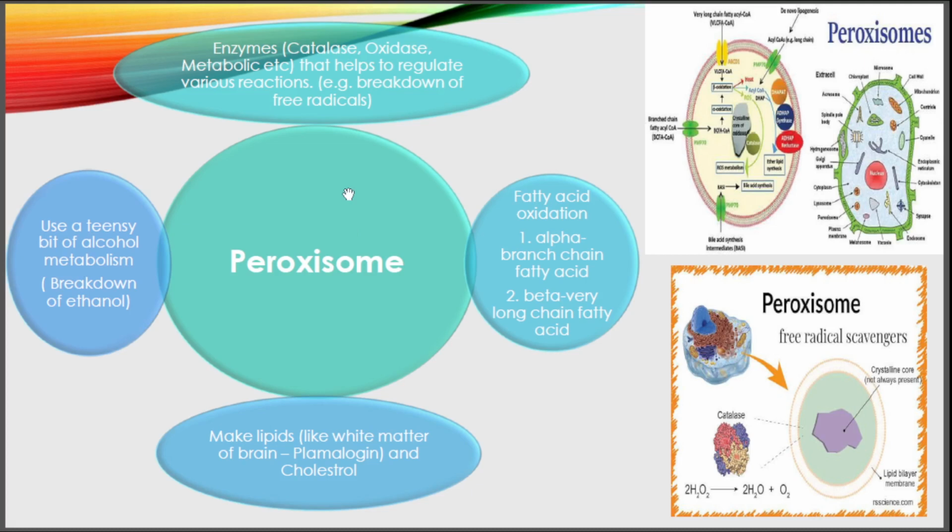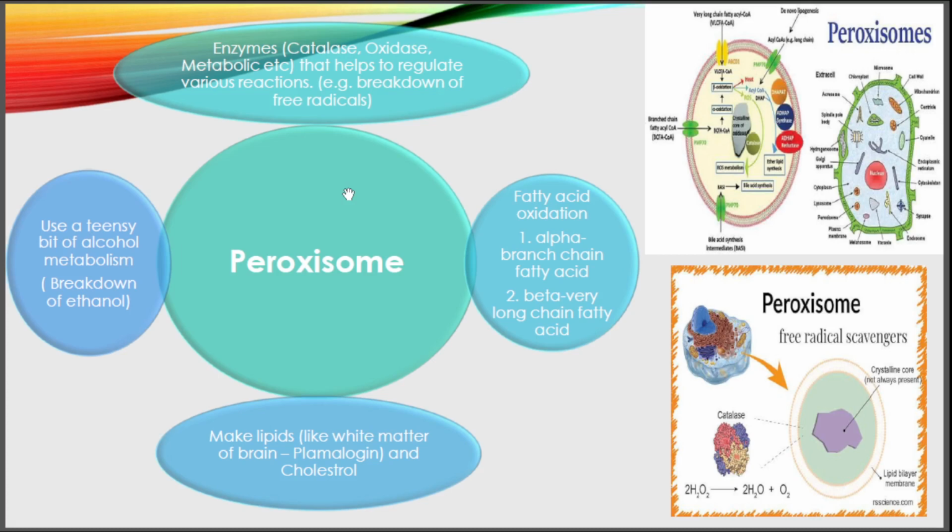Now these peroxisomes synthesize a special kind of lipids present in the white matter of the brain, called plasmalogen, and cholesterol. Now smooth endoplasmic reticulum was also synthesizing lipids, but the one present in the white matter is synthesized by the peroxisomes, not by the smooth endoplasmic reticulum.